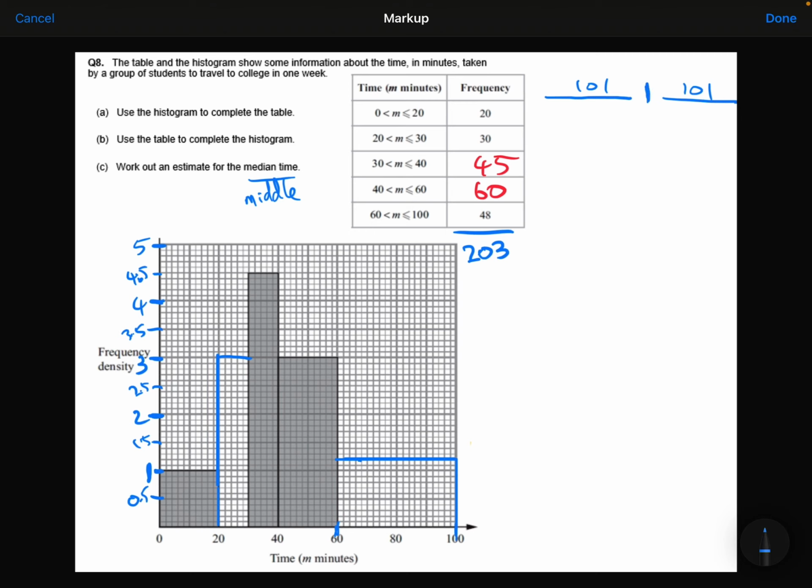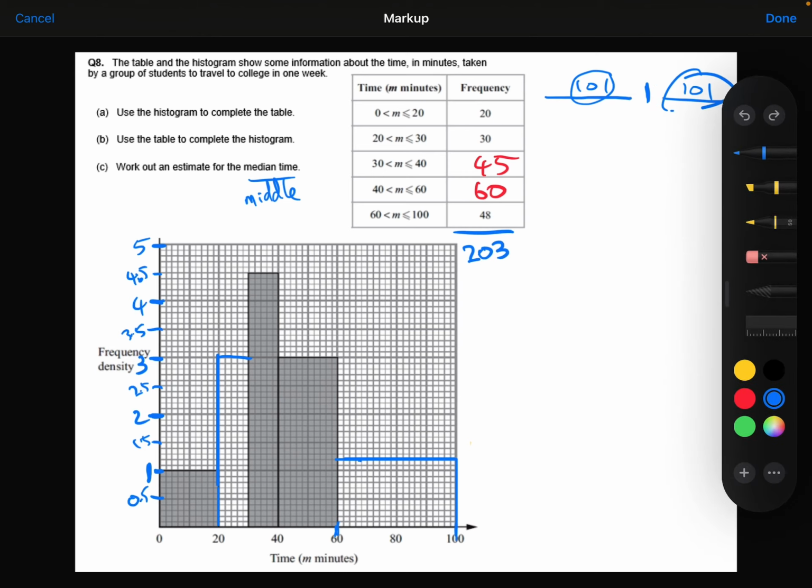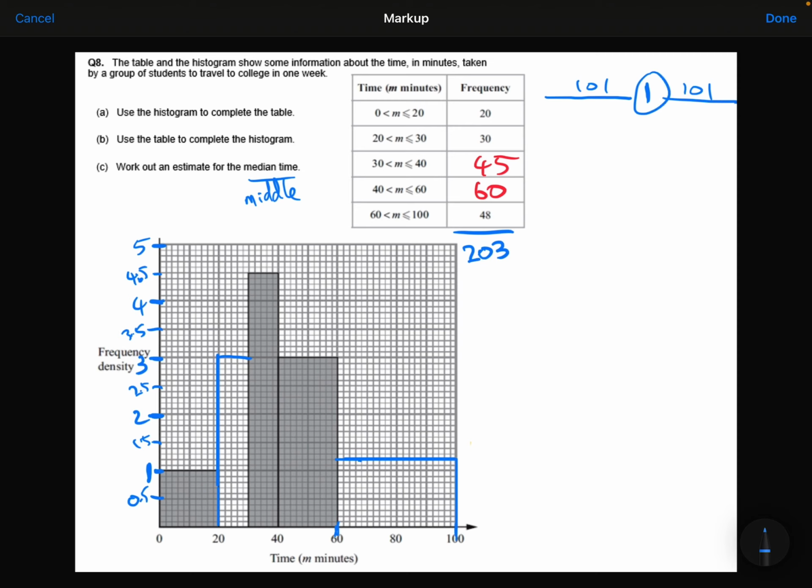That makes 202. This makes the 203rd person. So we're looking for this person's the 102nd person.